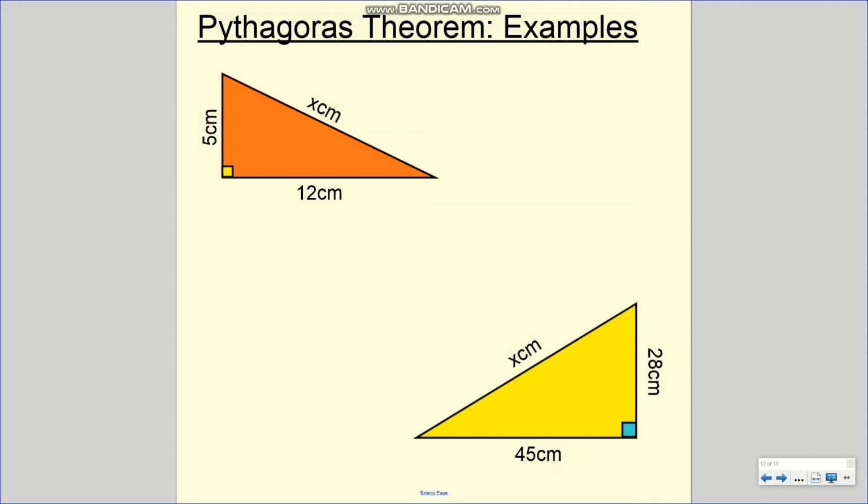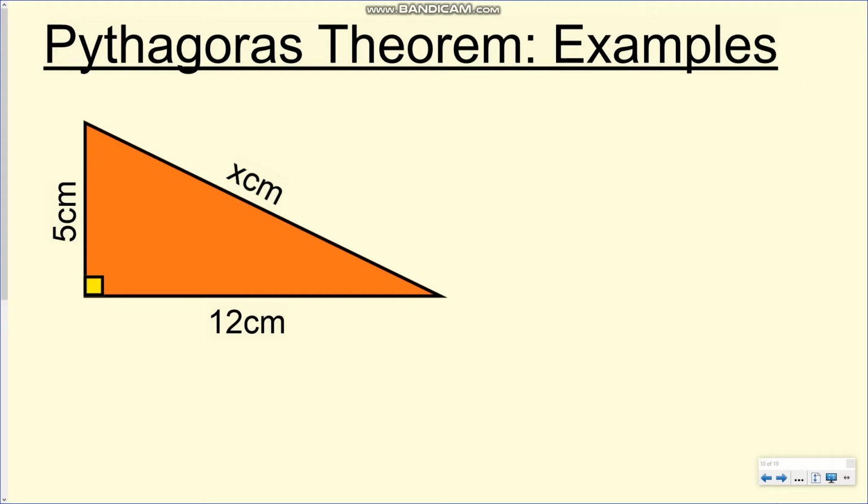Okay, I've got two right angle triangles here, and I'm going to work through how to solve the longest side that's missing here using Pythagoras Theorem. First of all, I'm going to write down my equation, which is c squared equals a squared plus b squared.